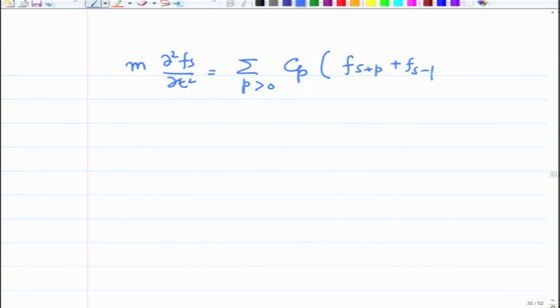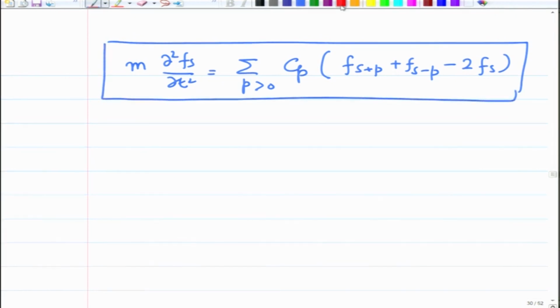So, the equation of motion that I have is m d2 Fs over dt square is equal to summation over p greater than 0 Cp, and now I can take all the terms together. I can write this as Fs plus p plus Fs minus p minus 2 Fs. This is the equation of motion.